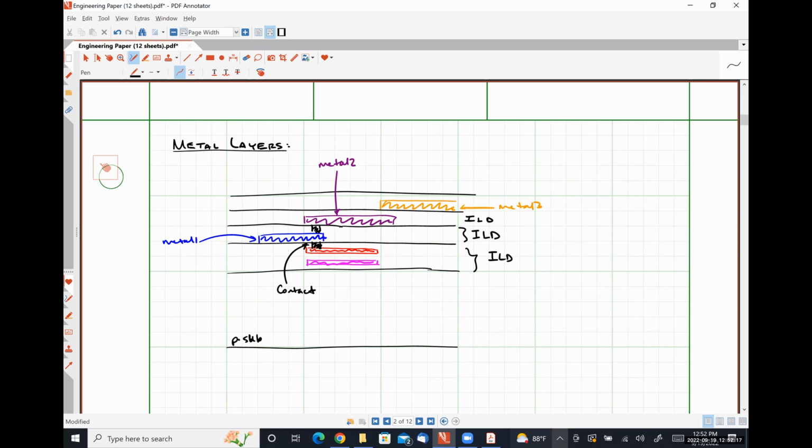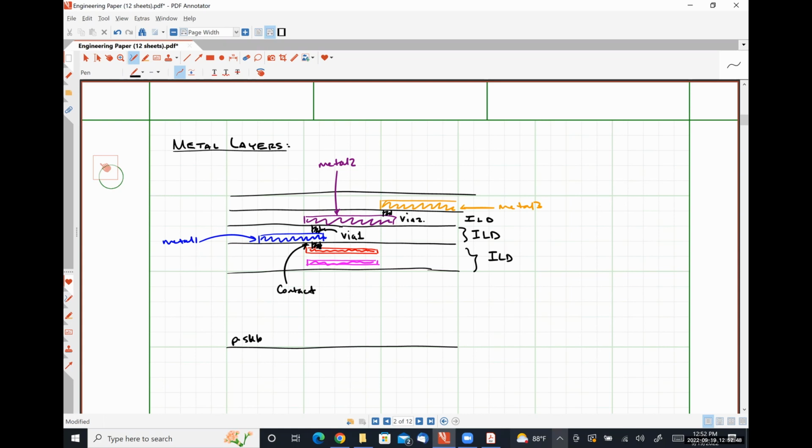Okay. Then we have this guy right here, which provides contact from metal 2 to metal 1. This is a via. I believe I'd have to double check Electric here. It's called via 1. And then this guy over here is via 2.